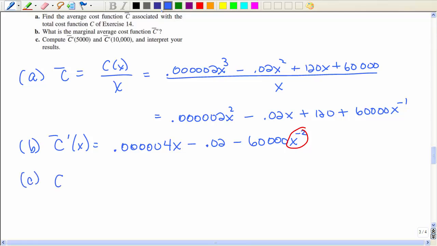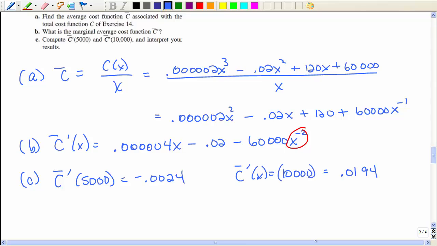So part C says we want to compute the marginal average cost function at 5,000 and at 10,000. When I put in 5,000, I get a negative value. When I put in 10,000, I get a positive value. What does that mean?